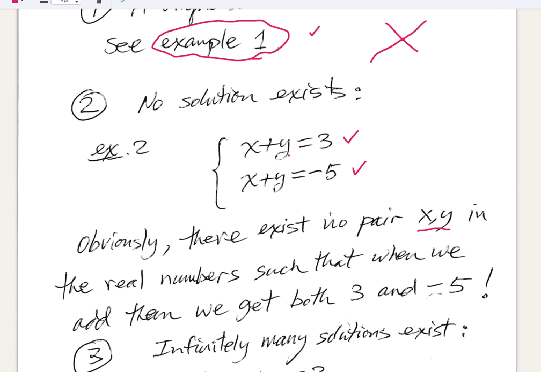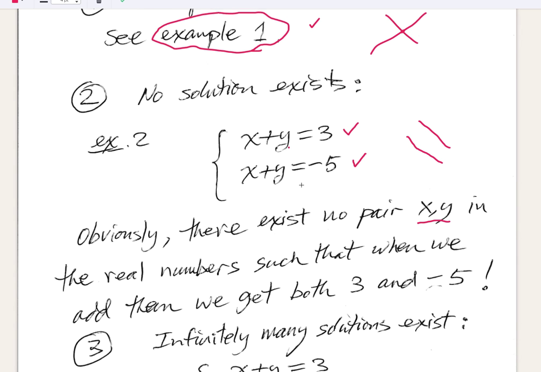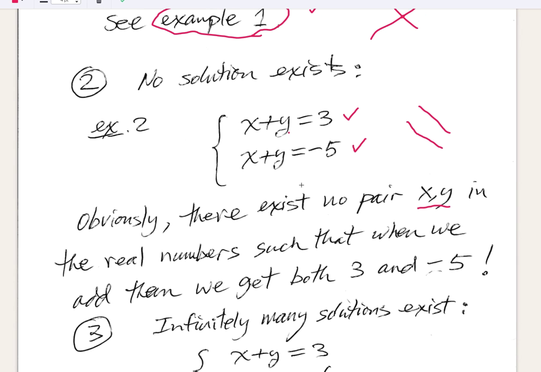So there is no solution. If we were to graph these on Desmos, we would see that we've got a pair of parallel lines. These two lines have a slope of -1, but they have different y-intercepts. So no points in common, no solutions to the system.